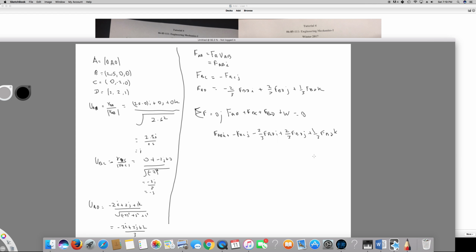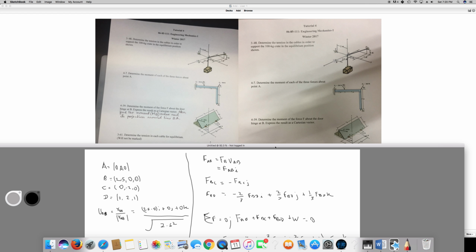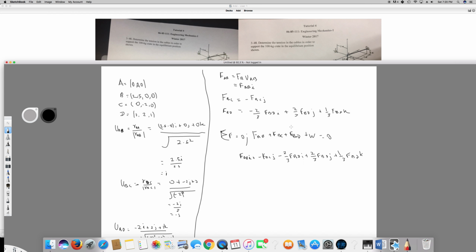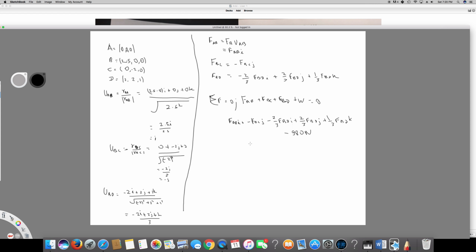And I shouldn't forget the weight, guys. Weight is one of the important factors right here. Since 100 kilograms is given, I have to convert into Newtons by multiplying by 9.8. It's going to be 980 Newtons. It's going to be negative because it's acting downward, right? So negative 980 Newtons.